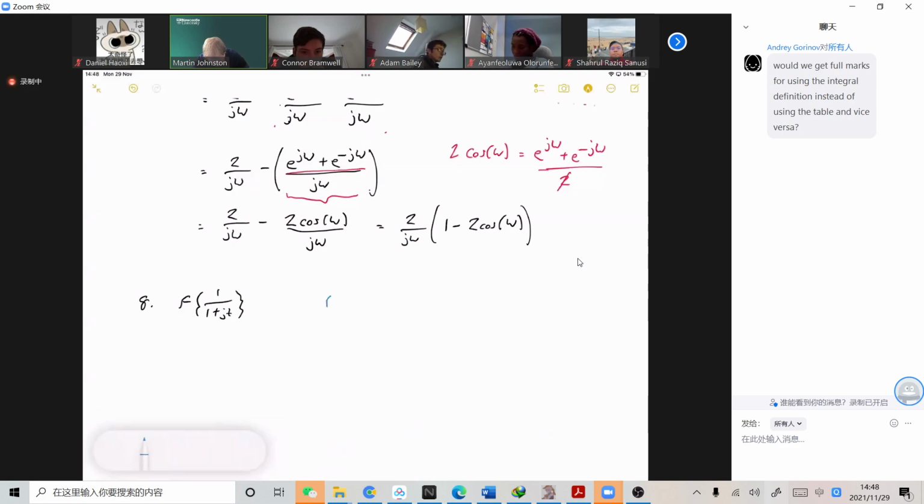from the table, we've got 1 over 1 plus j omega. And the inverse Fourier transform of that, from the top row of the Fourier transform table, would be u of t e to the minus t.